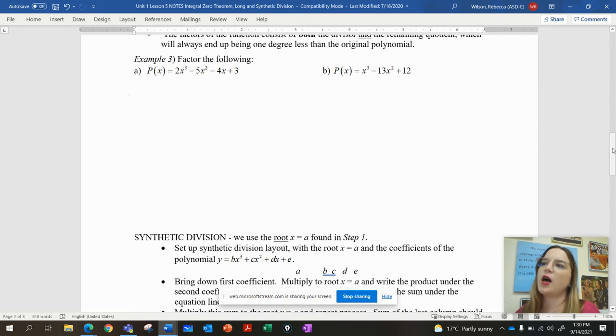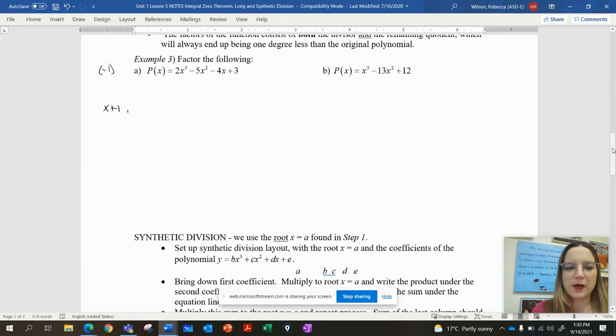So I'm just going to walk you through long division now, okay? The first example that's here, we found the factors for yesterday. We found that the factor for this one was negative 1, which means that the binomial factor was x plus 1.